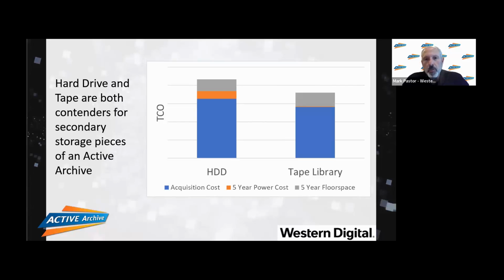Floor space is another one. Some people account for that, some people don't. It may just be an overhead factor in some environments. And so what I'd like to suggest for the listeners here is that it's important to do your own TCO analysis based on your situation and based on the alternatives that you're considering.